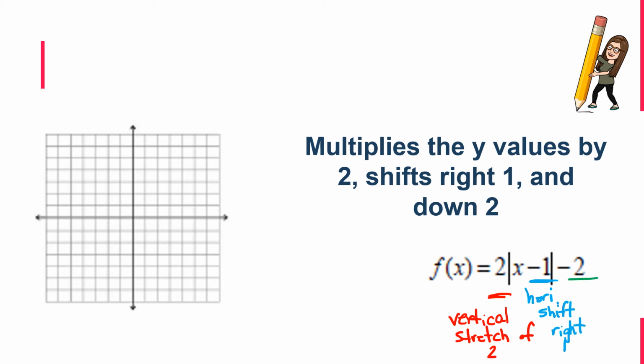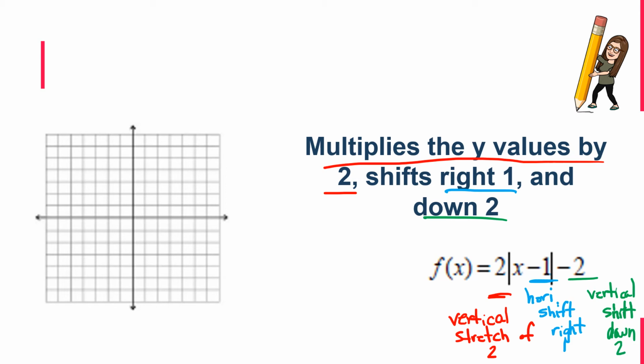And then the -2 is a vertical shift, down 2. That's what we've got to work on, first describing the pieces. Now, parent table-wise, we're going to multiply the y values by 2. That's my vertical stretch. We're going to add 1 to my x values, and we're going to subtract 2 from my y values.